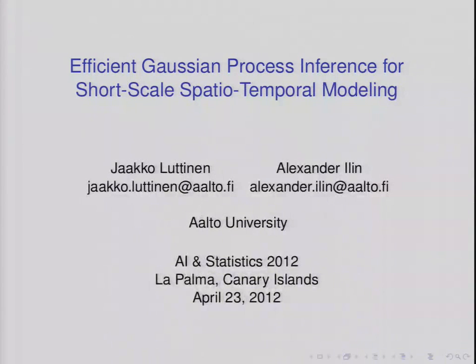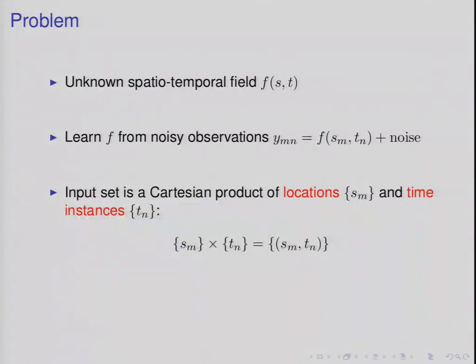Okay, thank you. Hello, I'm Jaakko, and the topic is Gaussian processes for spatio-temporal modeling, and this is joint work with Alexander Ilin. To begin with the problem setting, we have an unknown spatio-temporal field, which is a function of location and time, and we would like to learn this field from a set of noisy observations.